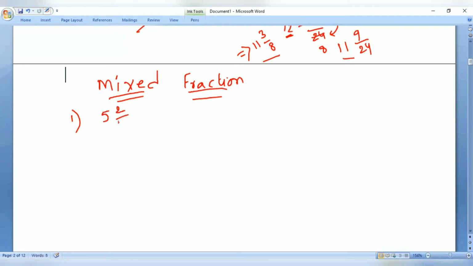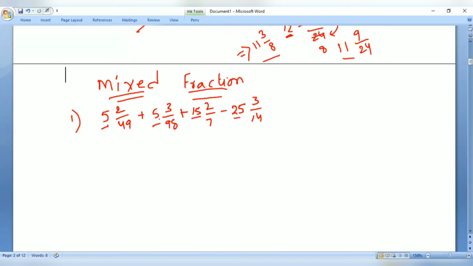5 2/49 plus 5 3/98, then 15 2/7 minus 25 3/14. If you need to answer this question, first step, identify the normal digits first.